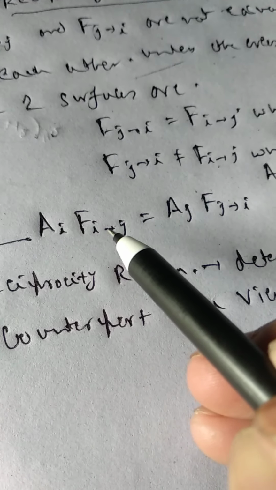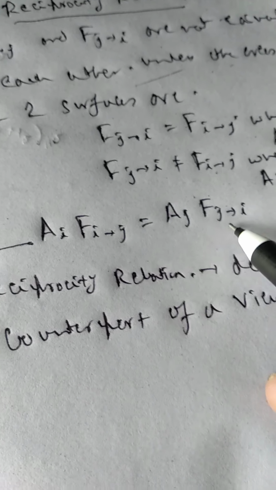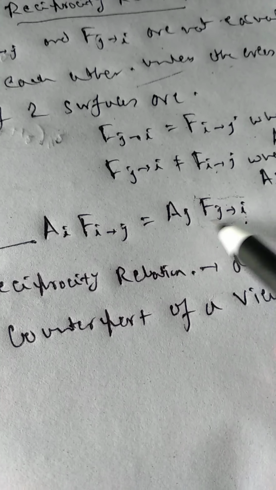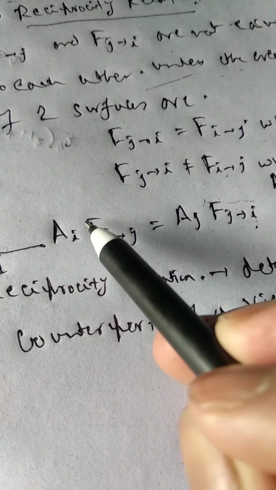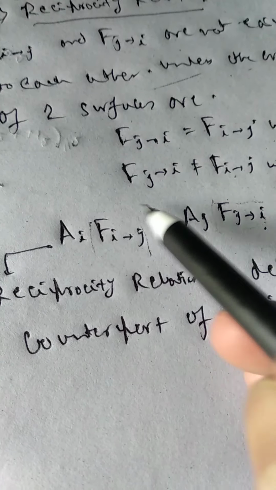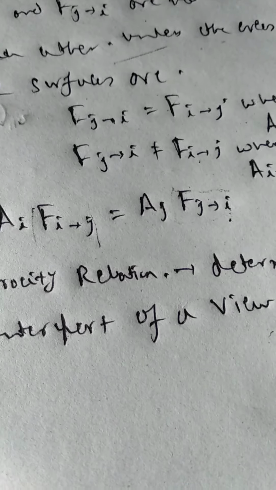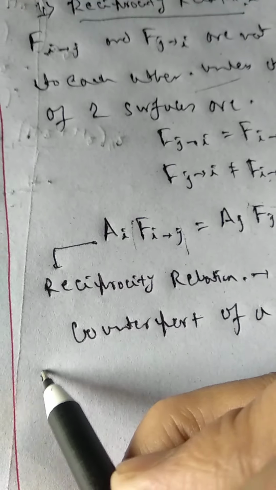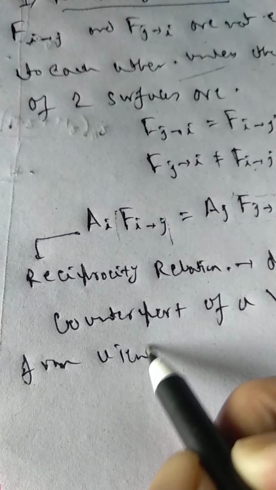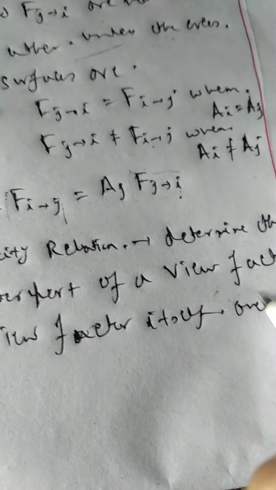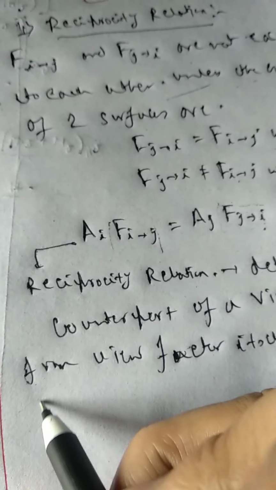So if we want to find F_ji, we can easily get its value from this relation if we know F_ij and both of the areas A_i and A_j.